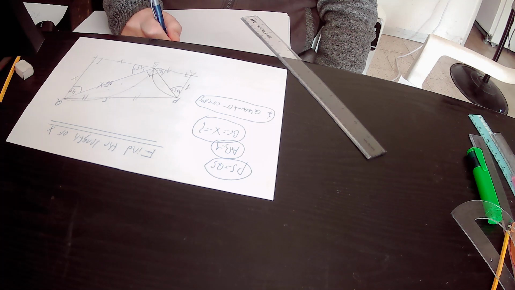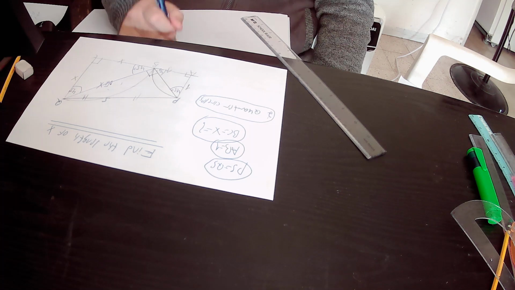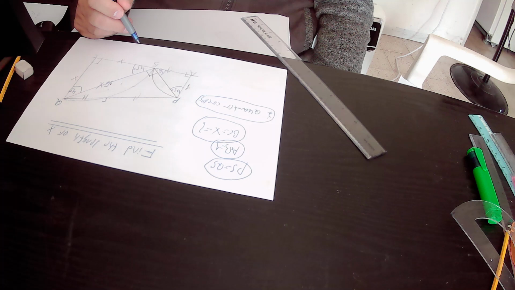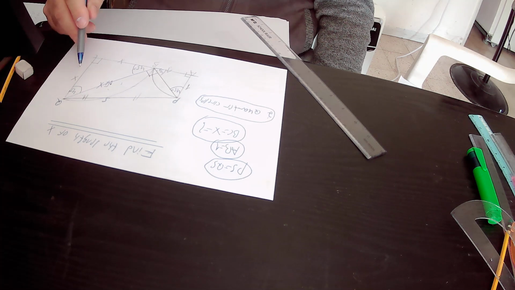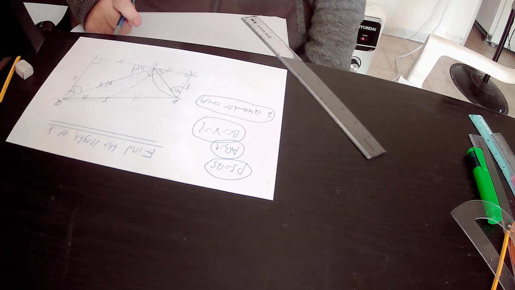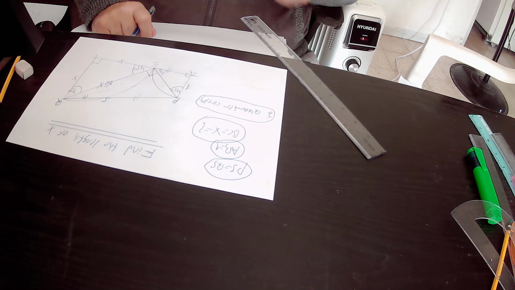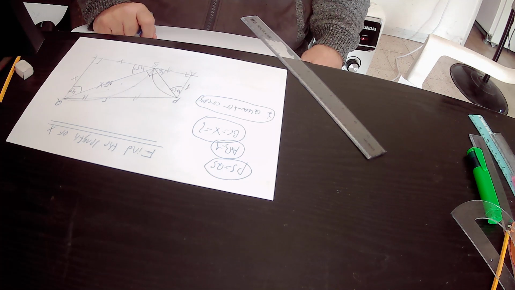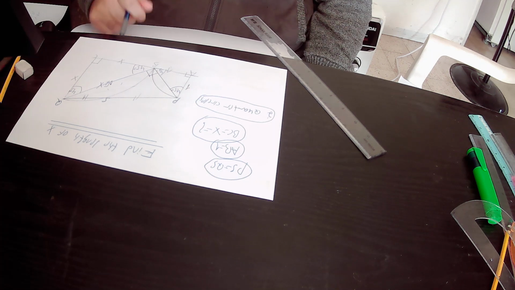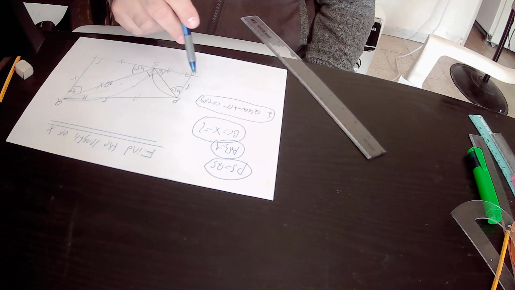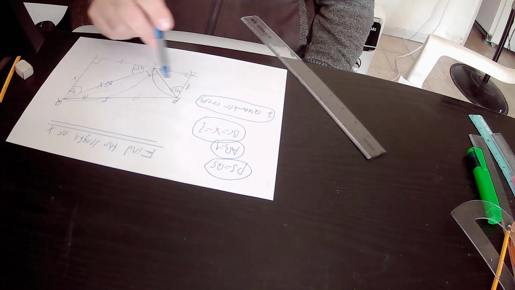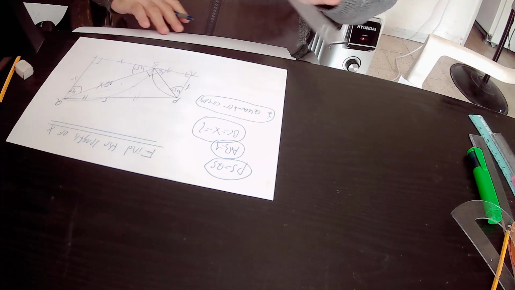In the next step, we will draw a circle around the right triangle PBQ. We have the rule that any triangle can be blocked by a circle, therefore we can definitely block the right triangle PBQ by a circle. So we'll do it now.